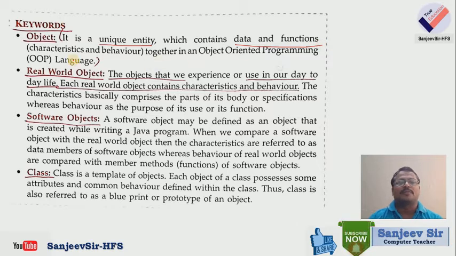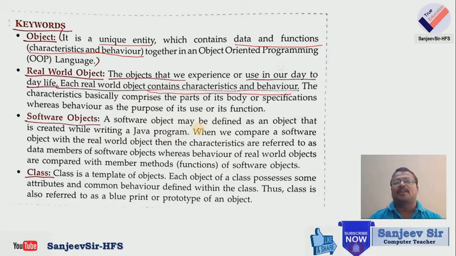That means an object will have characteristics and functions. The thing which has characteristics and behavior is known as object. And real world objects surround us in daily life; whatever we see contains characteristics and behavior, this is known as a real world object.